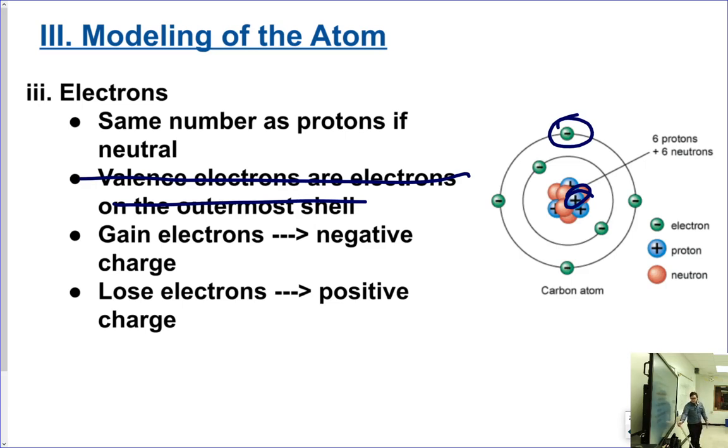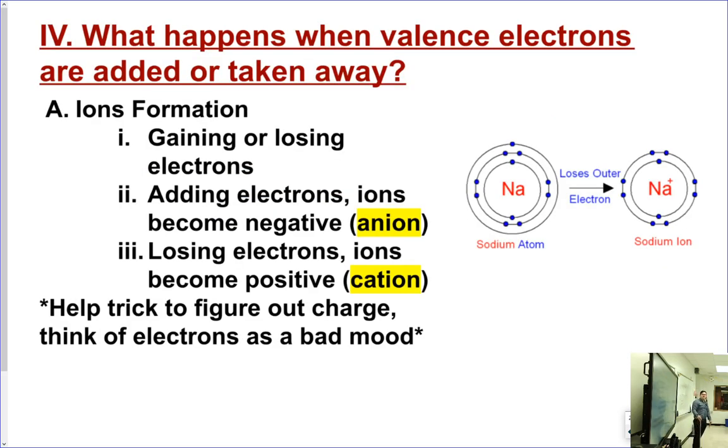Okay. Ion formation. Gaining or losing: if you add electrons, it becomes a negative anion. Losing electrons becomes a positive cation. I've also heard other pronunciations. Whatever. If some chemistry teacher wants to fight me on that, whatever.